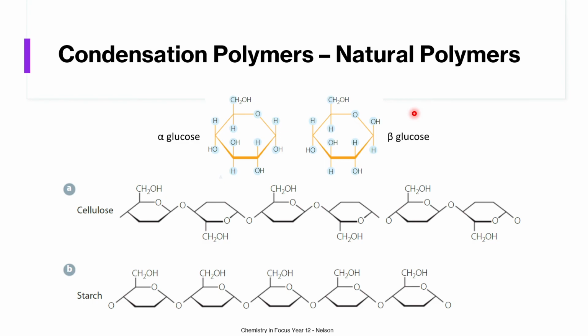The major difference between the two of them is on this carbon here, and the position of the hydroxyl group, whether it's pointing up or pointing down. This actually has an impact on the kinds of polymers that it will form. You'll see here that cellulose has an alternating orientation of its intersecting bond, whereas in starch, they all point downwards. And that actually has a slight impact on its properties.